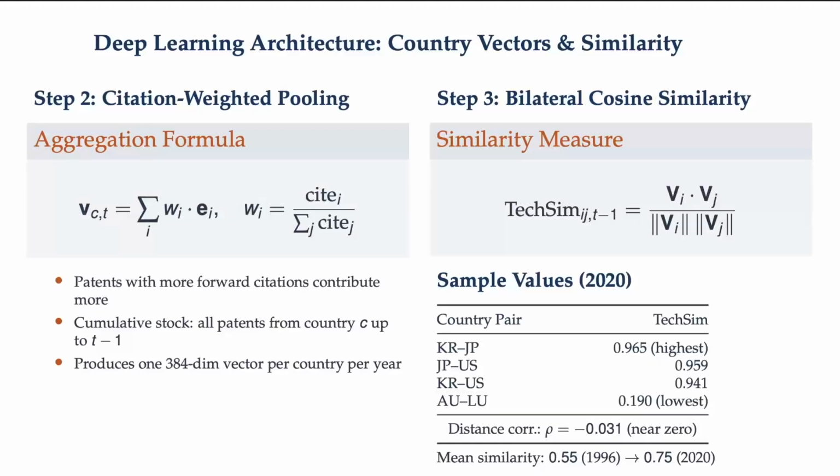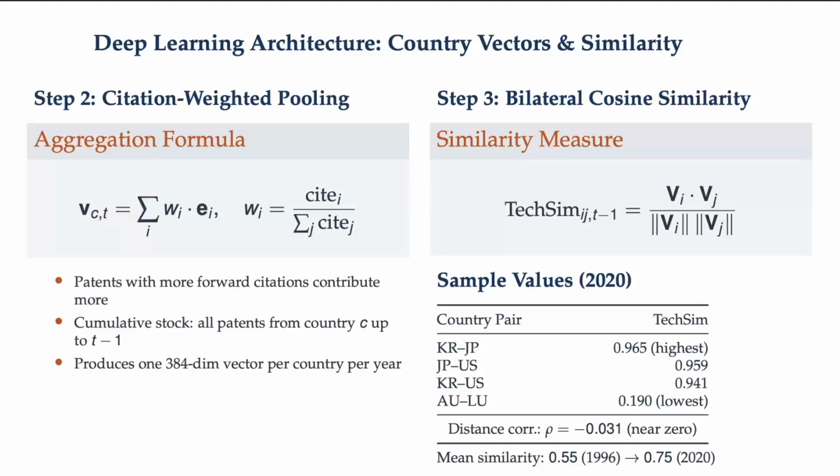Once that vector is generated, the cosine similarity can be calculated with the following formula. Technology similarity between i and j, country i and country j: the inner product of V_i and V_j divided by the norm of V_i times the norm of V_j is the method to get the cosine similarity as technology similarity.